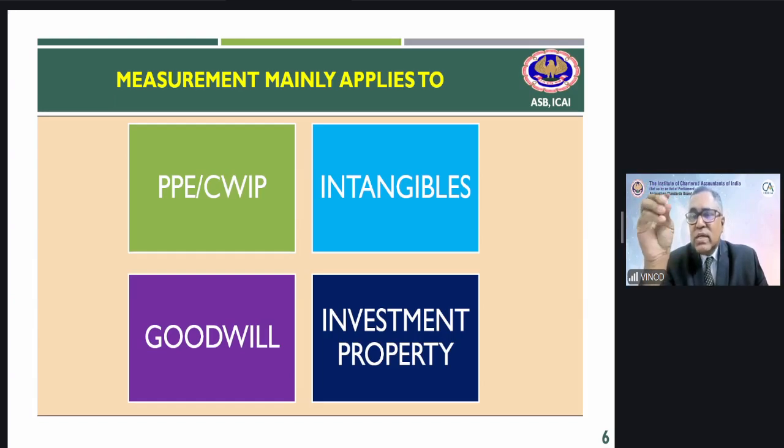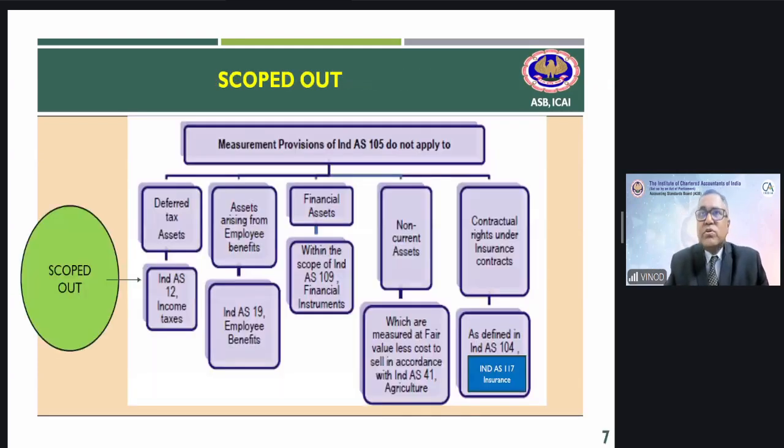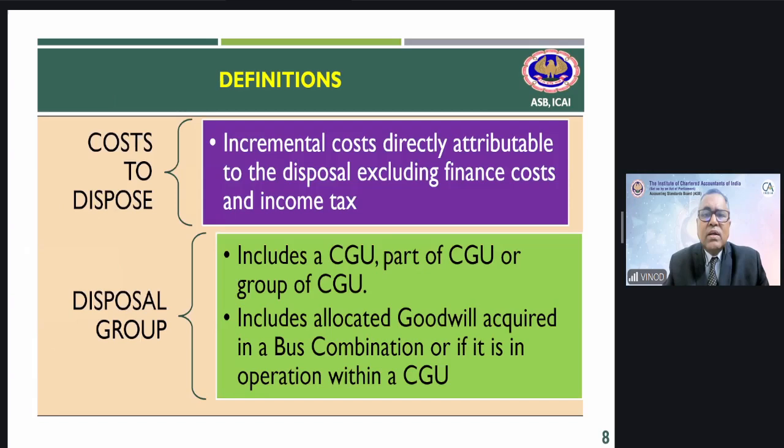The rest of the items belonging to other Ind AS will be measured as per the measurement principles of those Ind AS. So we have to just keep this in mind. Wherever disposal groups are coming in, there could be a bit of confusion. Slowly, once we go through this, we can largely clear it up.